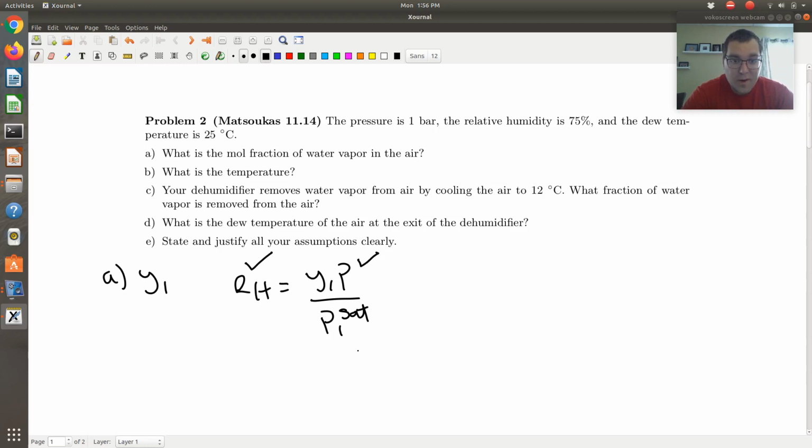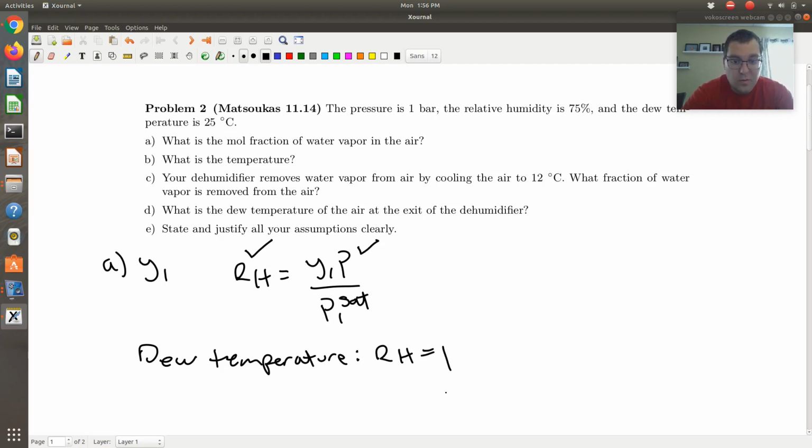Well, the problem statement tells us that the pressure is 1 bar, relative humidity is 75%, and the dew temperature is 25 degrees C. So what does that mean? Remember, when you think dew temperature, dew temperature is the case of relative humidity equal to 1.